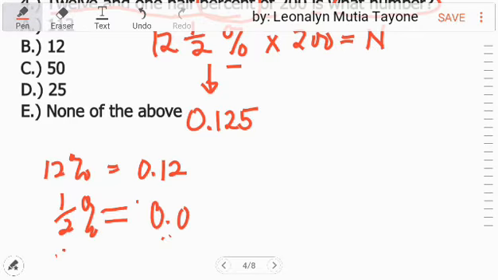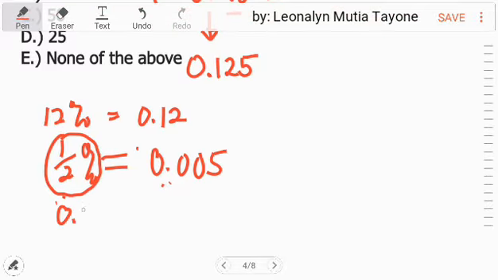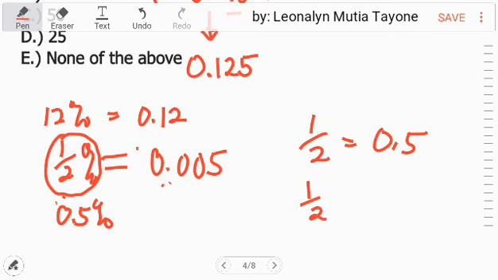That is 0.005. Kasi itong 1/2%, pareho lang yan sa 0.5%. 1/2 is the same as 0.5. Kung 1/2 i-convert mo into percentage, kaya naging 50%.